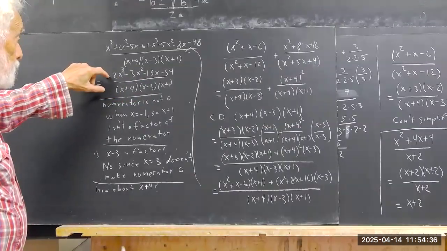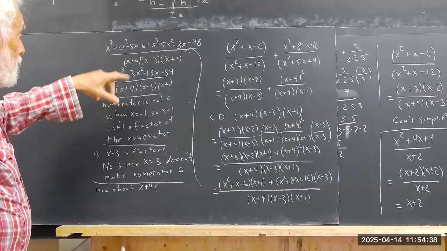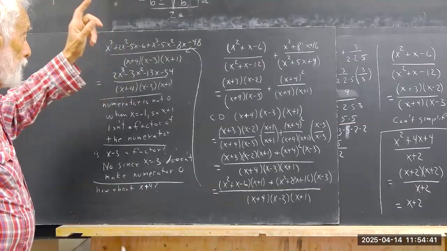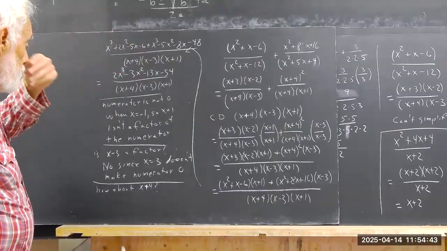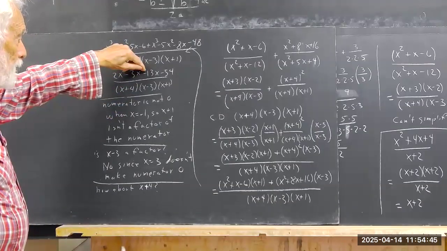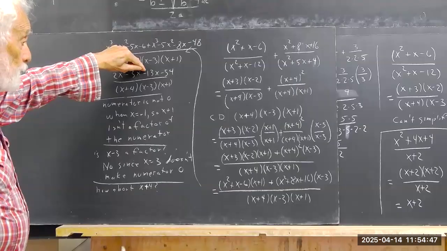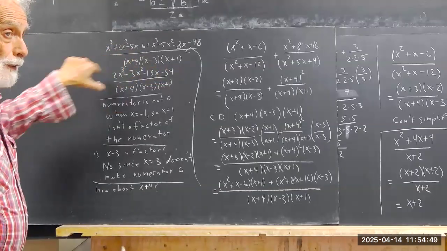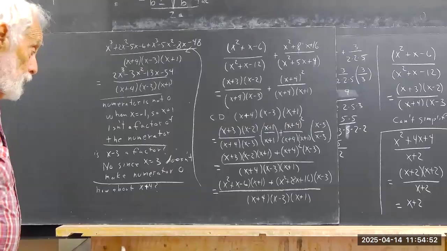In other words, 2x cubed is a big negative number. Negative 3x squared is a big negative number. Negative 54 is a pretty big negative number. Negative 13x, when x equals -4, is the only one that'll be positive, and the negatives are way bigger than the positive.